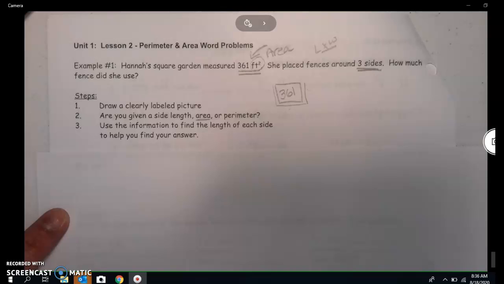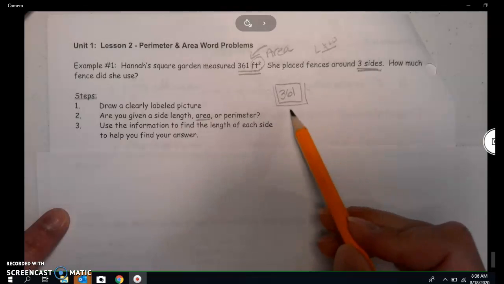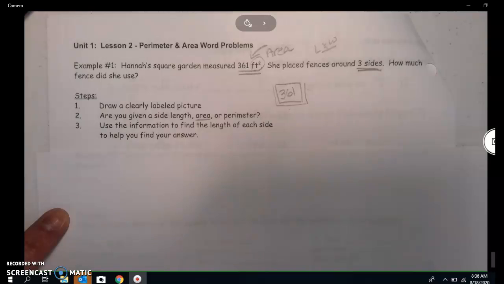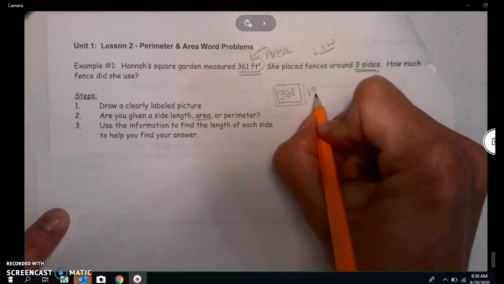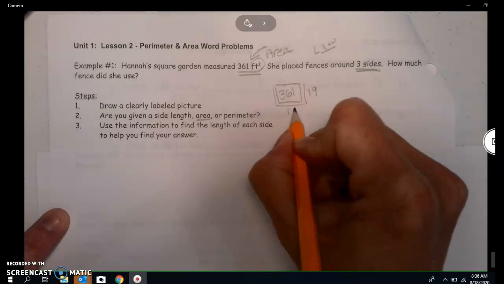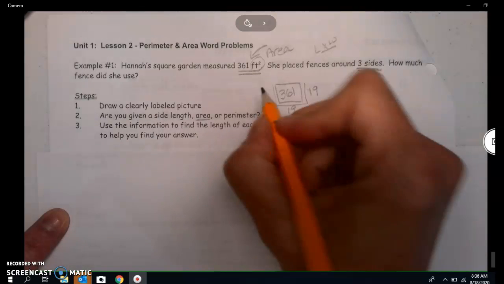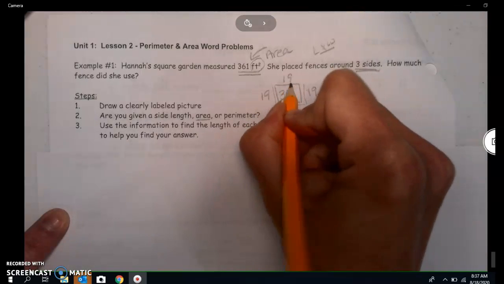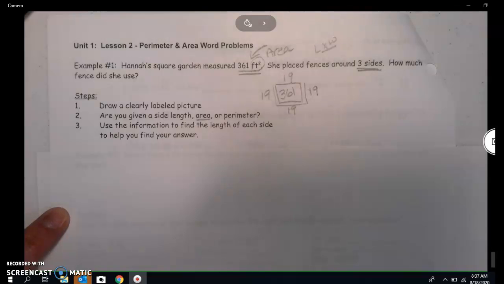So we need to use our knowledge of square roots to figure out what times what is 361. Well, the square root of 361 turns out to be 19. So we know that this side's 19, which means this side's 19, which also means these other 2 sides are 19 as well. So we know the side length now.